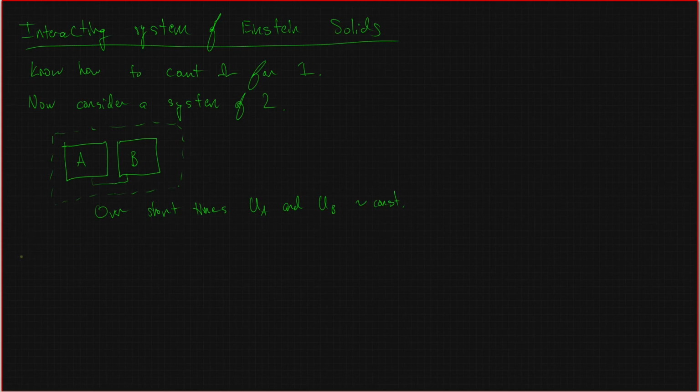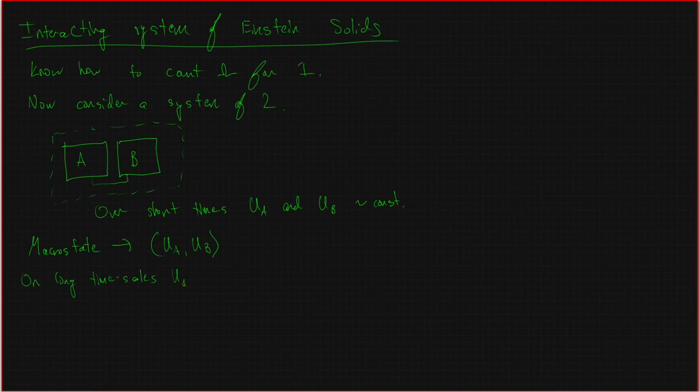So now if we want to specify a macro state, we need to specify what? We need to specify UA, and that also will specify what UB is. But on long time scales, these two systems right here will exchange energy. So the only thing that's actually being specified by UA and UB is the sum of them, right?